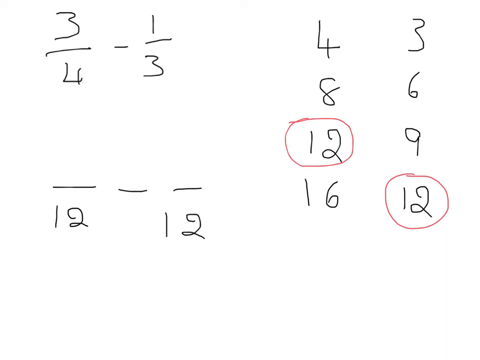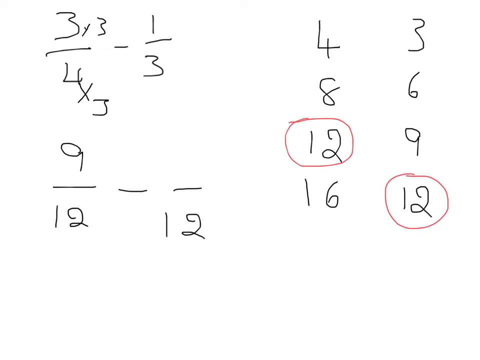Now we need to see what our top numbers are going to be. How did we get from 4 to 12? We had to multiply by 3, so we need to do the same to the top. 3 times 3 is 9. Now we need to look at this one here, the 3.